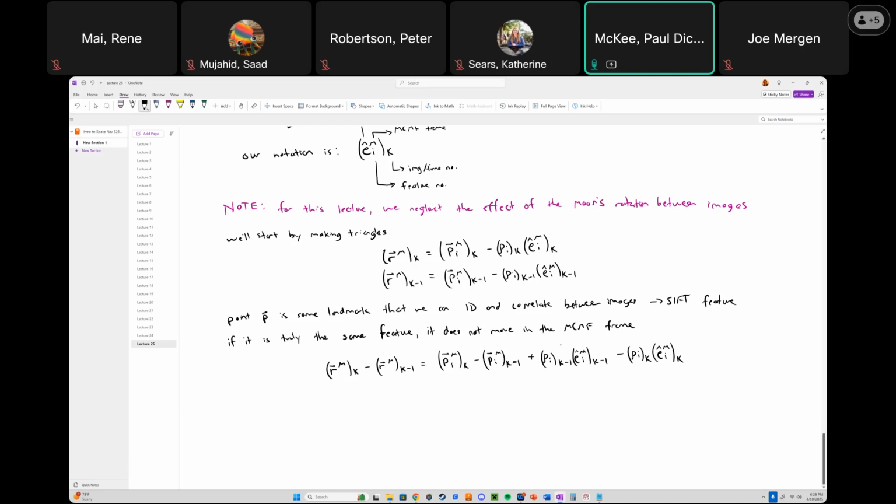The beauty of this is that this cancels out, which is nice. And also, we're going to define that the change in position is defined as delta R at time k. Okay, so we never need to know a feature point's true location. It cancels out.